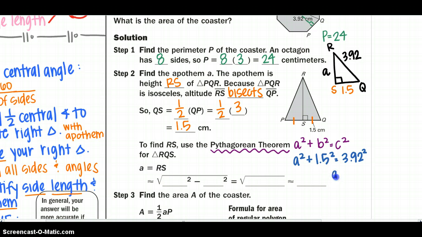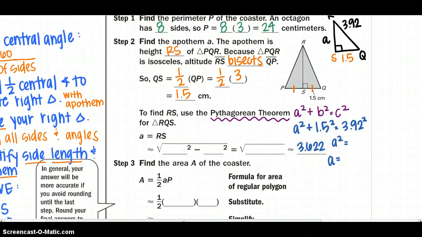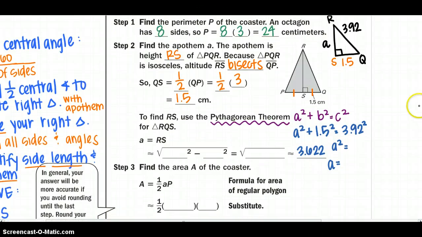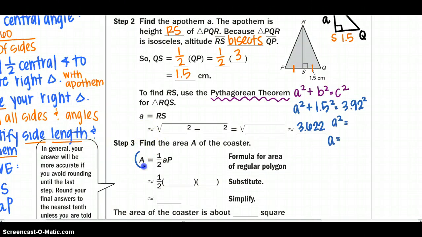So a squared would equal, and a would then equal approximately 3.622. Alright, so that would be our apothem. So using that, we found our perimeter, we found our apothem. So now we can use our area equation down here.